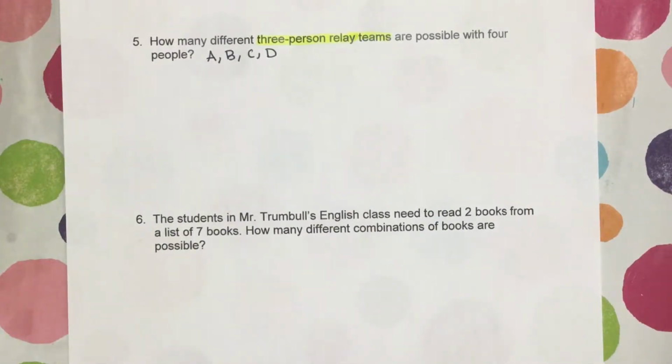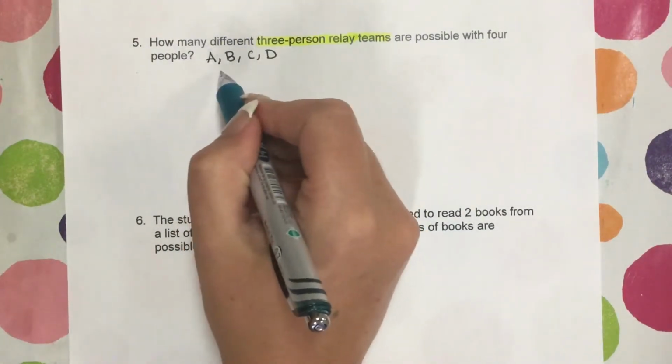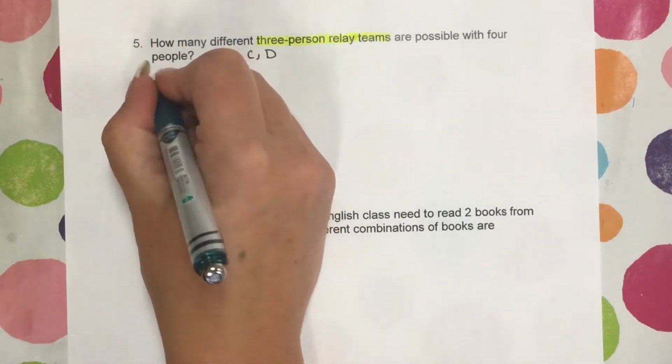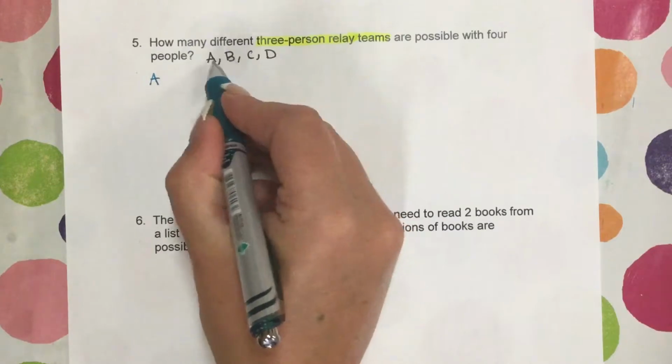All right, we're back. Let's write down all the 3-person combinations with only 4 people. Let's write all the 3-person relay teams involving A first. Since we're talking about 3 people, we need a partner. So let's partner A with B first.